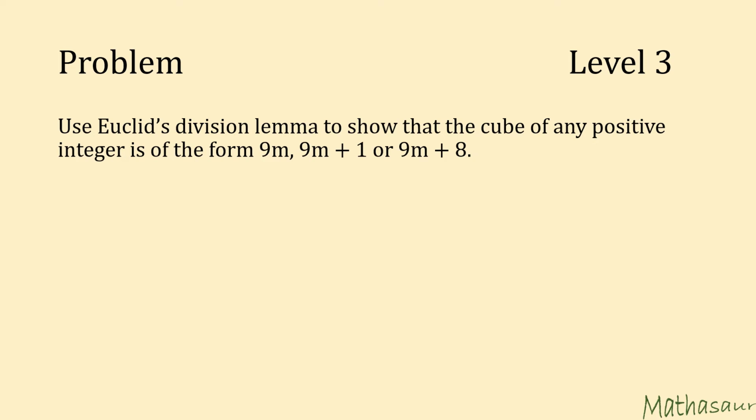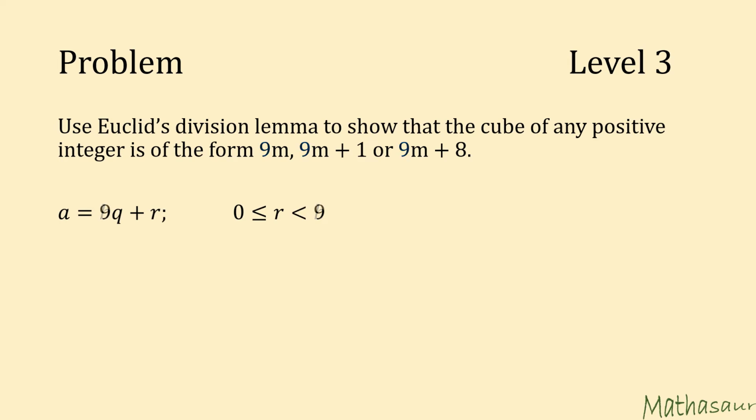Use Euclid's division lemma to show that the cube of any positive integer is of the form 9m, 9m + 1 or 9m + 8. Let us write down our Euclid's division lemma as a = bq + r, and we see that we are dealing with 9m here. So we could take b as 9.